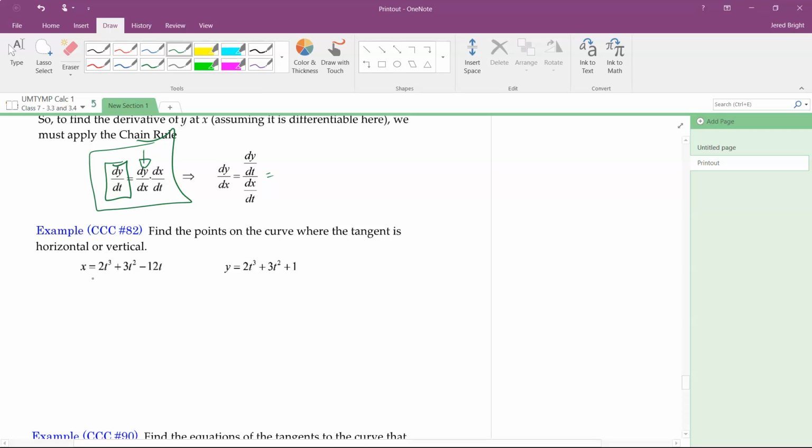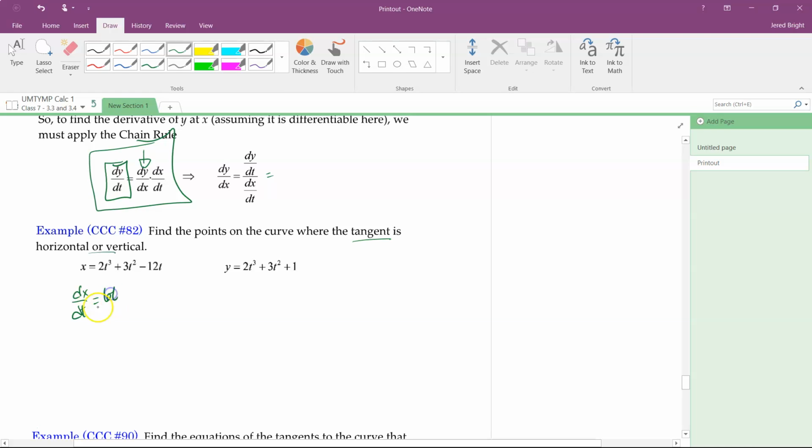If we want where the tangent is horizontal or vertical, the tangent has everything to do with the derivative. So if I look at dx/dt, the derivative of x with respect to time, and keep in mind, we can apply any sort of derivative that we want. We could look at the derivative of x with respect to s, which is something that we don't know, but anything that is not s would differentiate to 0.